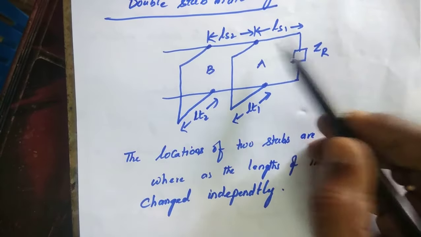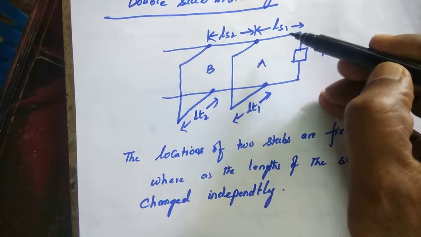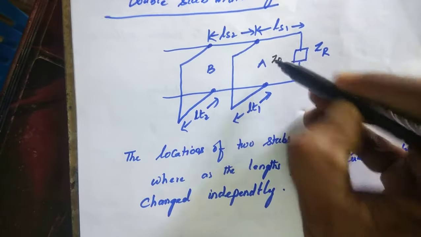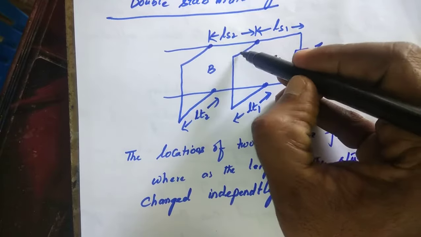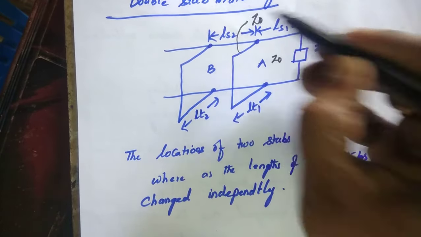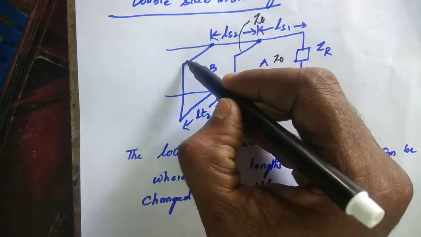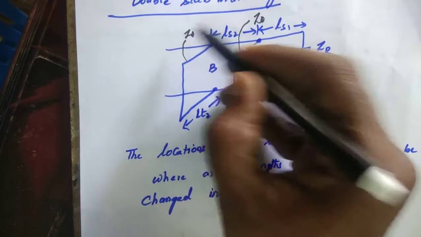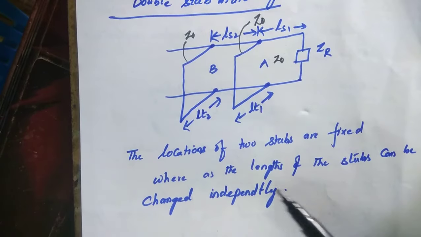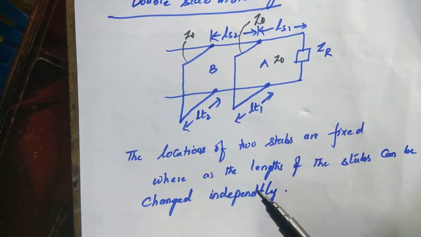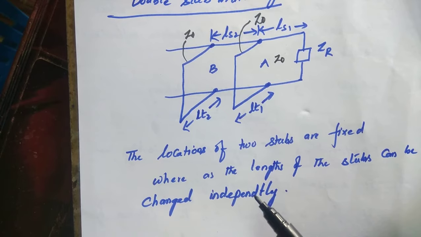See here, this is a main transmission line whose characteristic impedance is Z0, and this is a stub. It also has characteristic impedance Z0, and this is the second stub, which also has characteristic impedance Z0. Now we consider the first stub, whose length is LT1, located at point A at a distance of LS1 from the load.